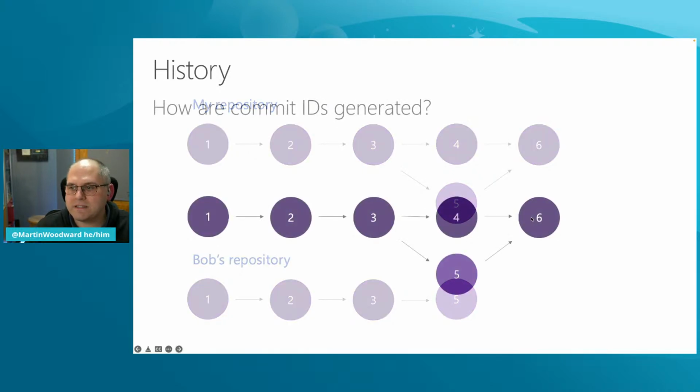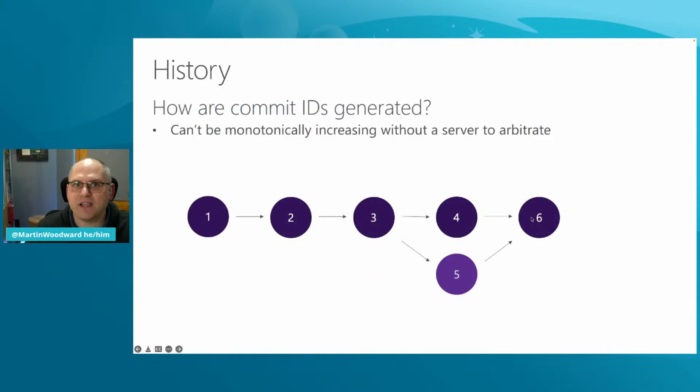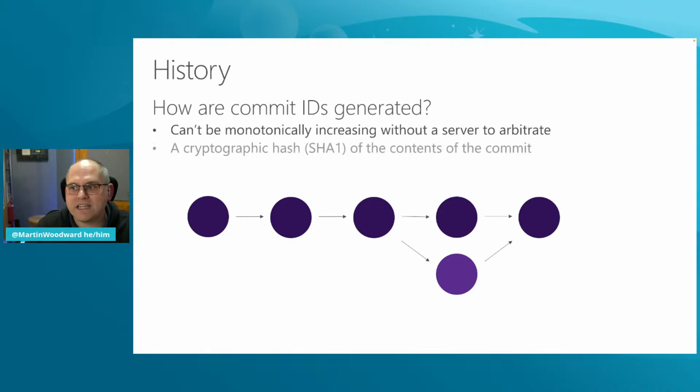Those commit IDs, and this is why I made a joke about blockchain, can't go up one by one because we don't have a server to talk to. Git is what's called a distributed system. So it is a cryptographic hash of the contents of the point in time of that tree. If you make a set of files or changes, you get an ID, which is a cryptographic hash.